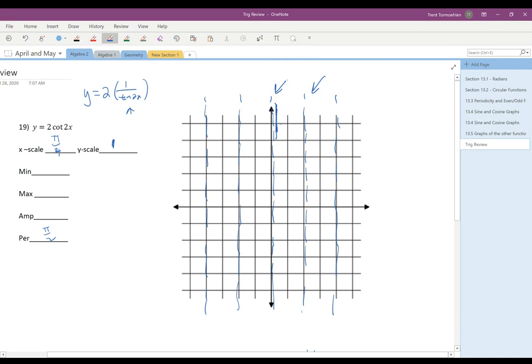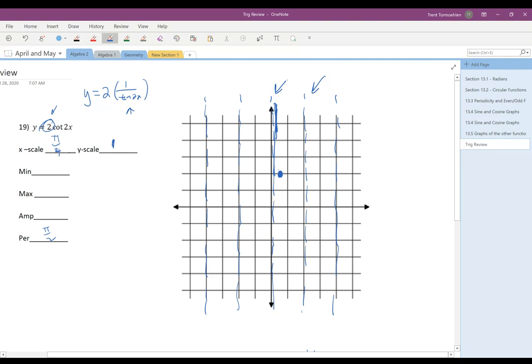It's becoming more and more negative. And so that's why the cotangent graph is reversed. And because of this 2, it's going to equal 2 halfway in between those. Usually at pi over 4, in this case it's going to be pi over 8. That's where, halfway in between before it gets to the 0, it is at 2 instead of 1 because of this 2 in front.